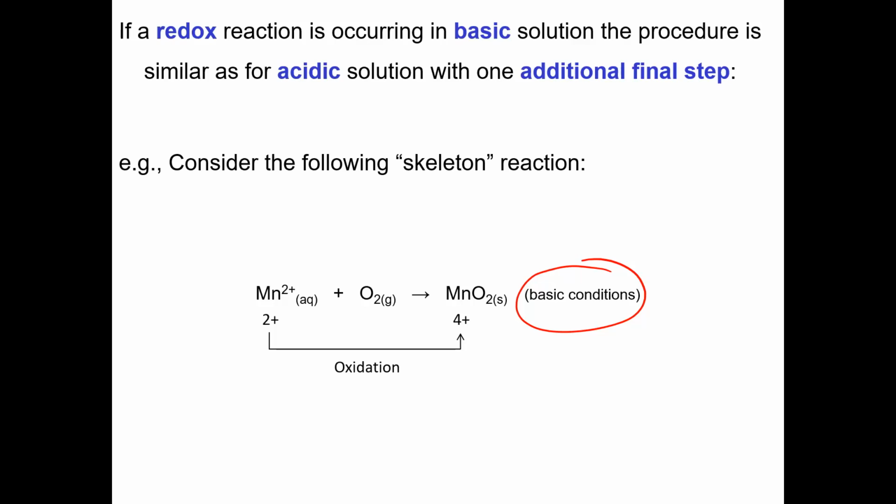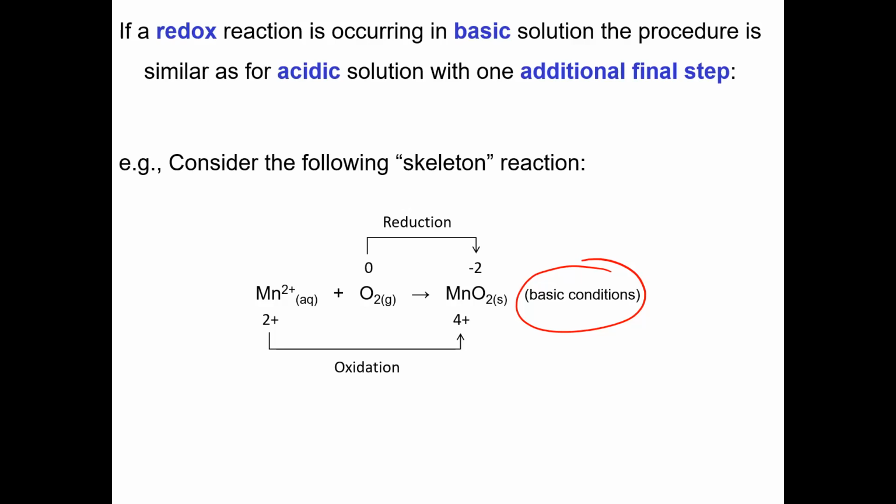The oxygen in its elemental form has an oxidation number of 0, but in the ionic compound MnO2 it will have an oxidation number of -2. So the oxygen is reduced by 2 electrons for each oxygen.